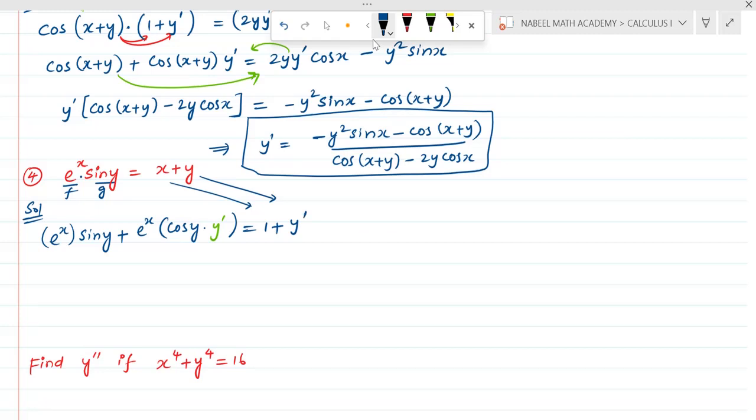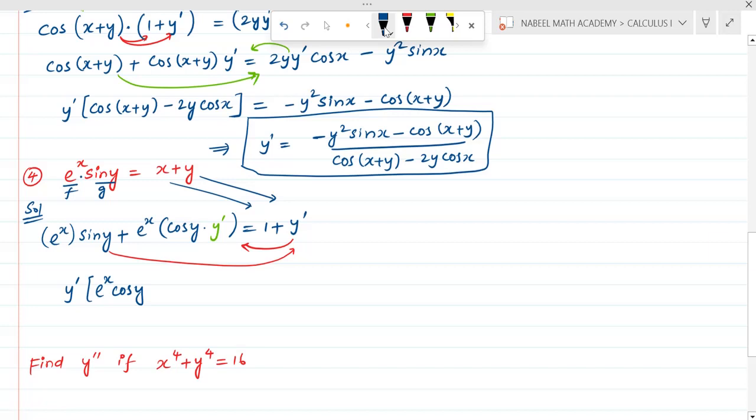Now I have to fix the y prime on one side. So I will move this one here, move the y prime here, and move this one to that side. You will find y prime is a common factor, e power x cosine y.